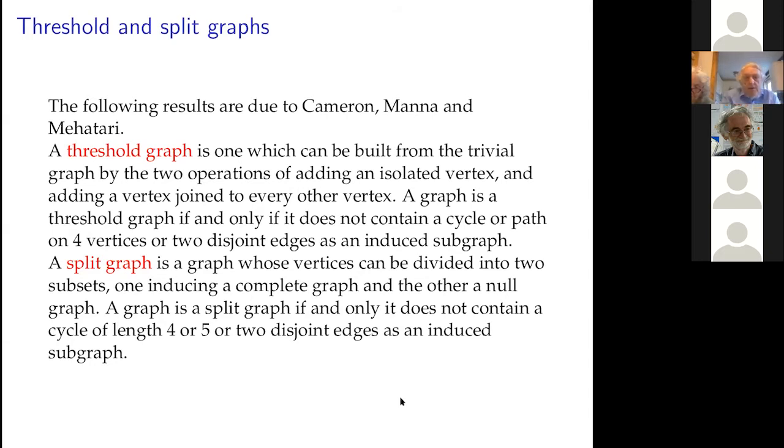And the characterization here is that a graph is a split graph if it doesn't contain a cycle of length 4 or 5 or 2 disjoint edges. Now, 2 disjoint edges turns out to be the key property. Forbidding 2 disjoint edges is part of both of these.